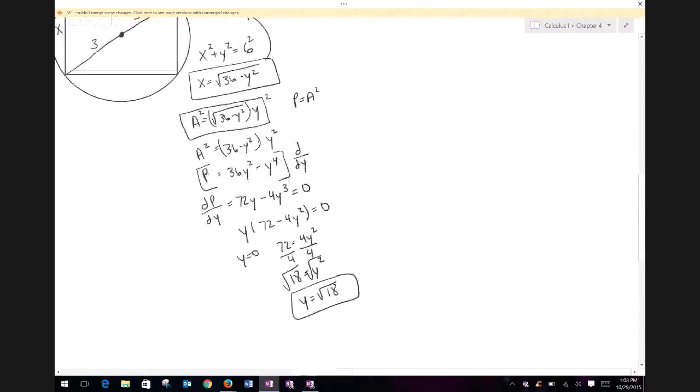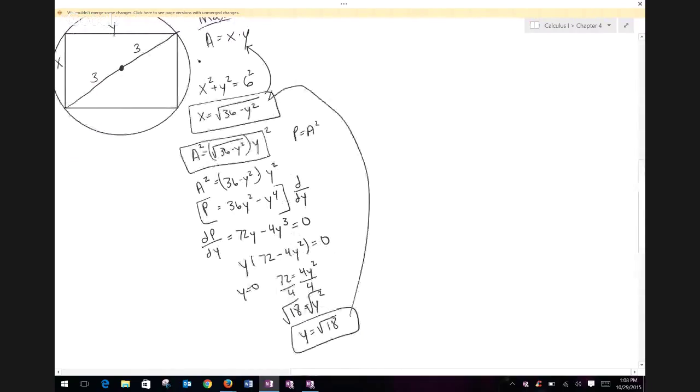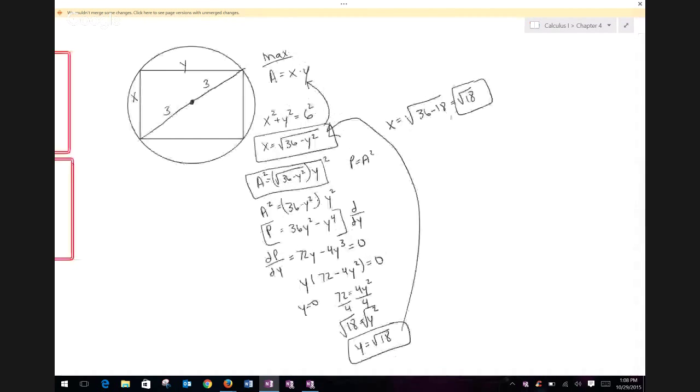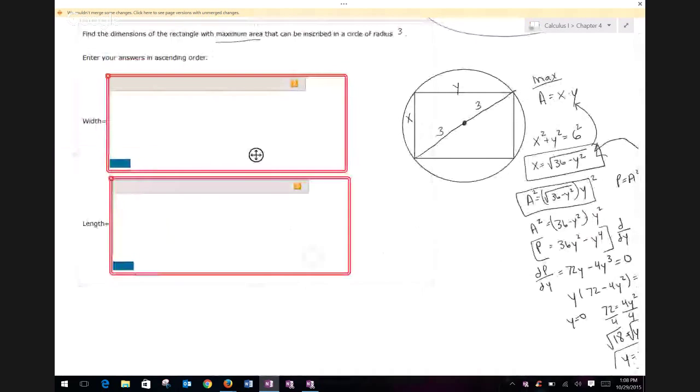Then if I plug that back into this function, I can solve for x. x is the square root of 36 minus 18, which gives me 18. So this answer is the square root of 18 as well. So that's that question there: the square root of 18 by the square root of 18.